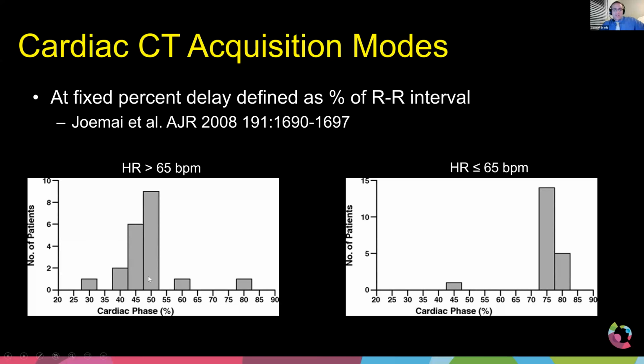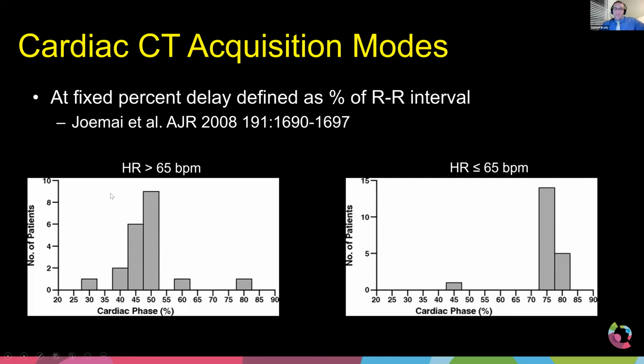We're somewhere in that range of 40 to 50% interval. But if it's a slower, more manageable heart rate, then almost always they were very happy with the 75 percentile. So somewhere in that 70 to 80 percentile.